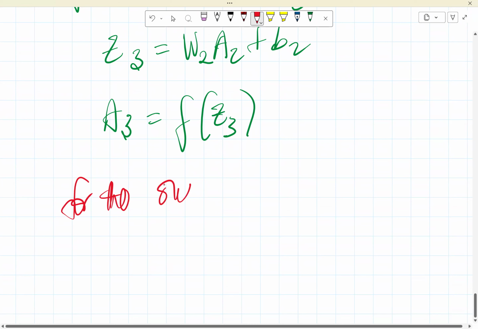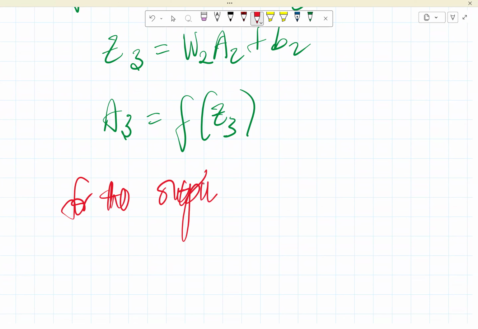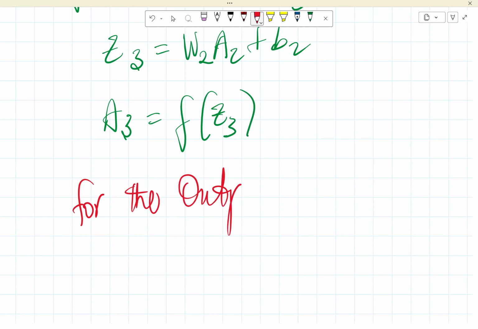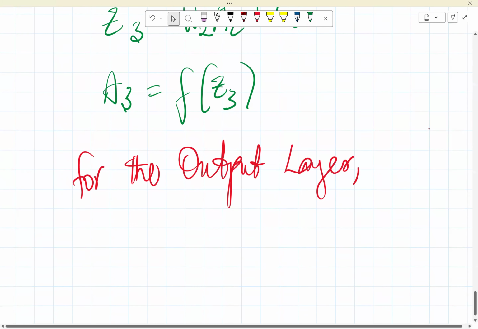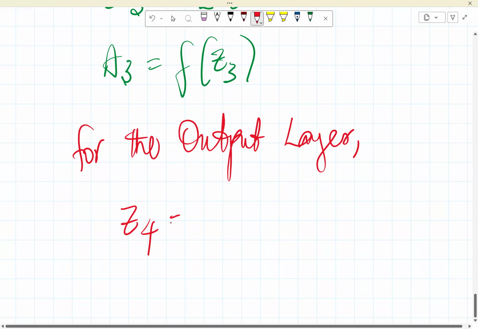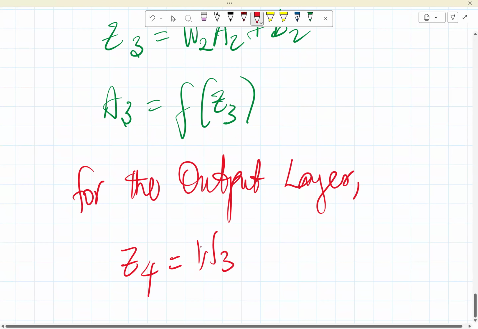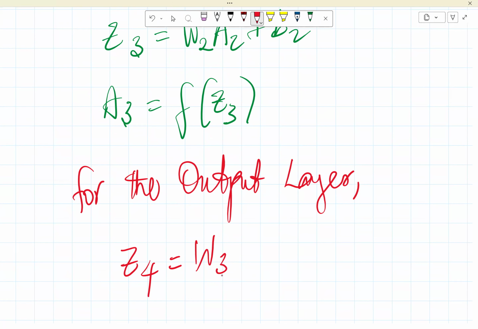For the output layer, we now have Z4 equals another set of weights, that's weight 3, multiplied by the value we got here, A3, plus bias 3.